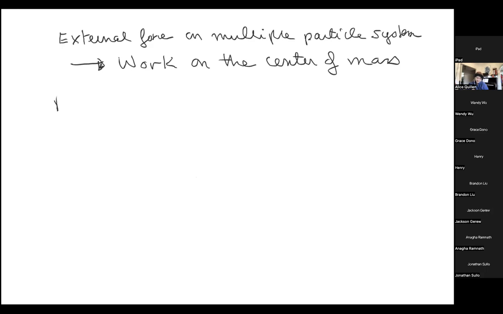So the momentum, I'm going to do a non-relativistic setting. This is the total momentum, so you add up the momentum of every particle. I can write this as equivalent to m v center of mass, where m is the total mass.